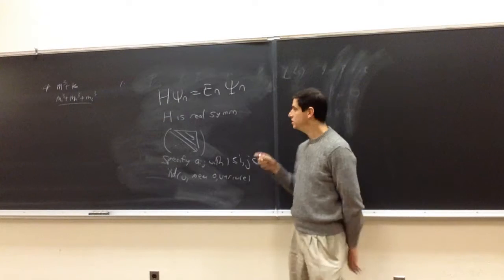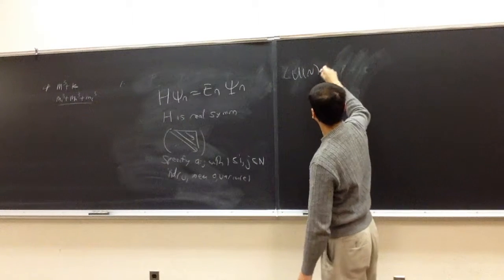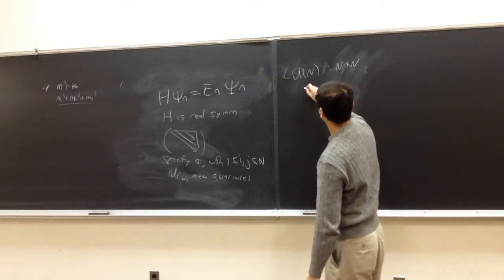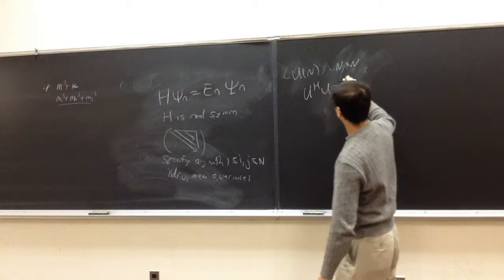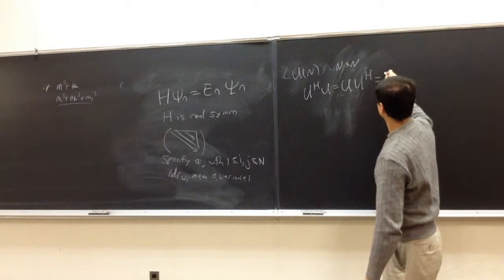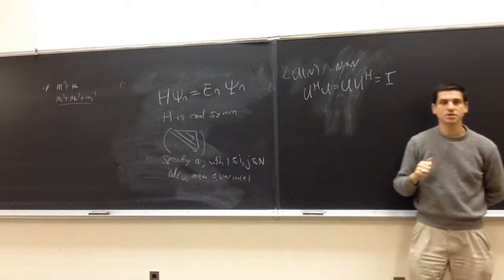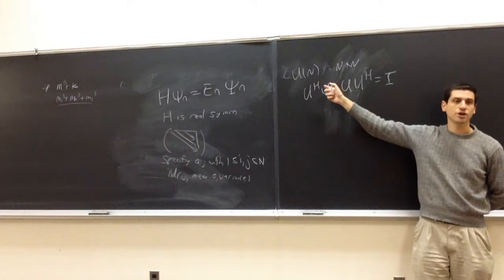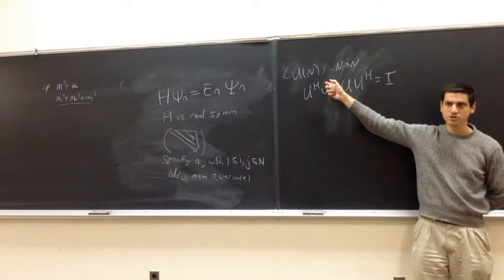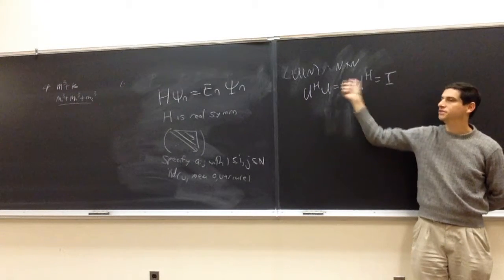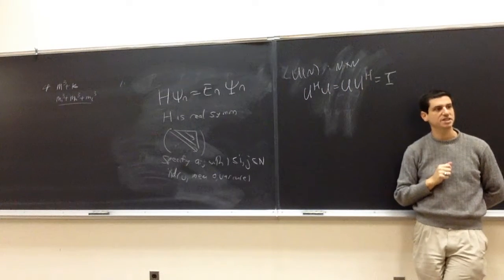If you think of a unitary matrix, U_N, these are n by n, and U^H U equals the identity. What this means is if I take the complex conjugate transpose, that's what the H means, the Hermitian conjugate, and I take the matrix product like this, I get the identity.